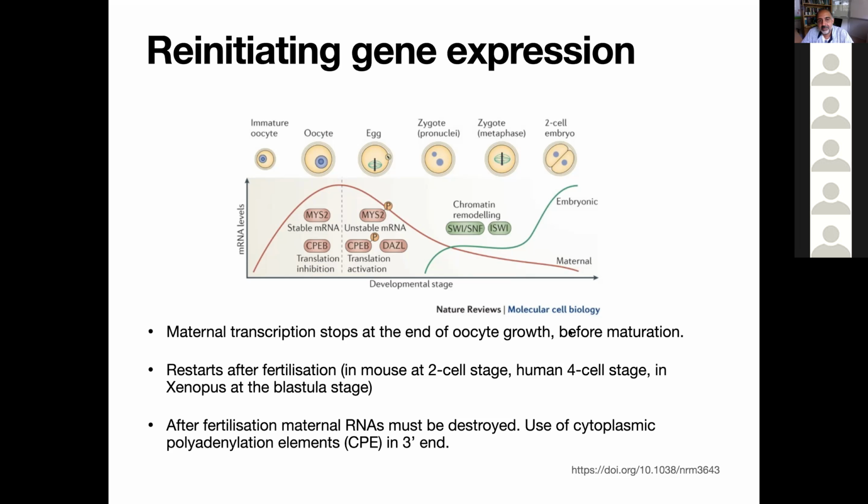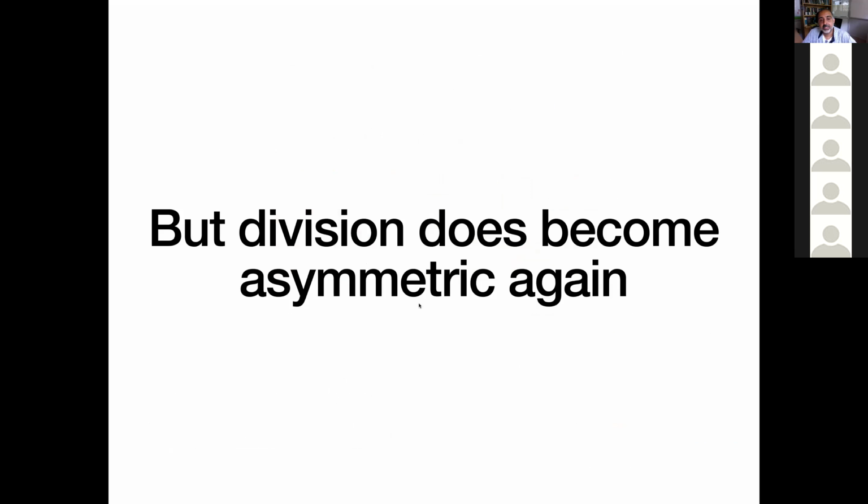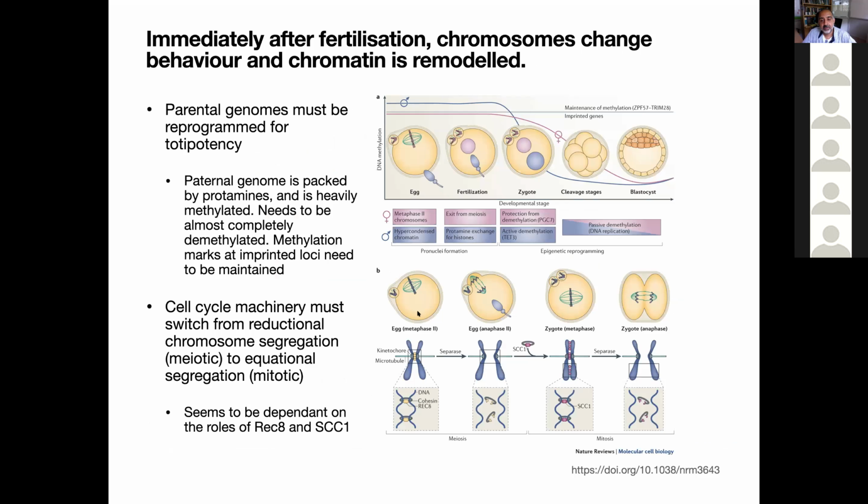So most of the paternal genome is demethylated, but things that need to remain methylated somehow escape this demethylation. And these are genes where copy number of the gene is important. So they're imprinted loci. Of course, as soon as you have the zygotic genome, some of these then become methylated again or passively demethylated during replication.